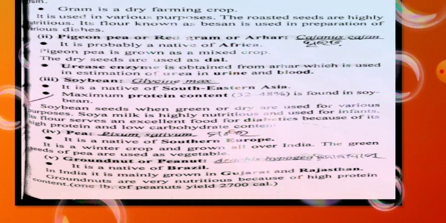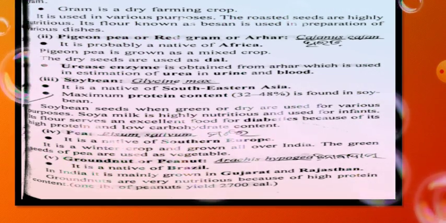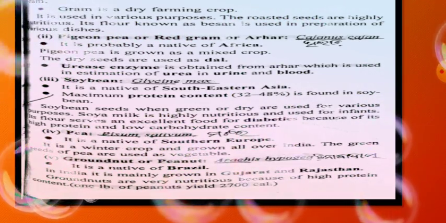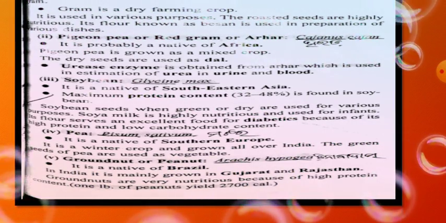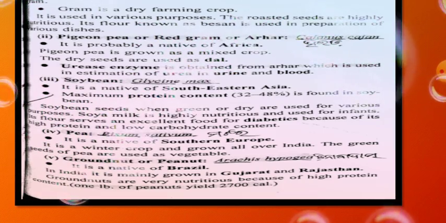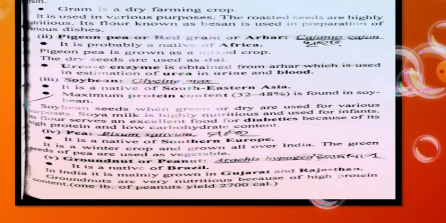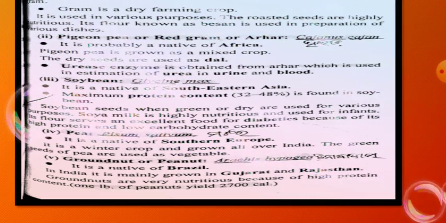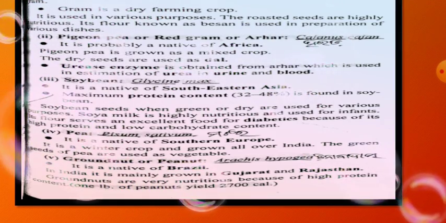It is used in green or dry form for various purposes. Soya milk is highly nutritious and used for infants. Its flour serves as an excellent food for diabetics because it is highly proteinous and low in carbohydrate content.